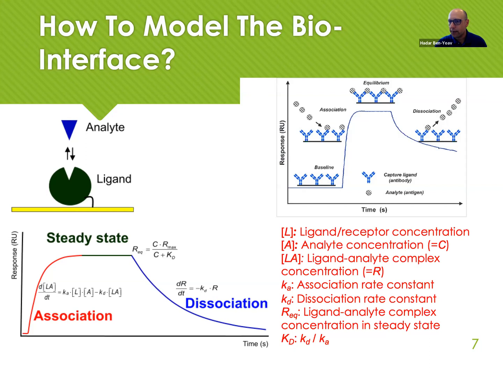Now, after some time, all the antibodies, all the receptors are bound to the analyte. It doesn't matter if we have more analyte, we still don't get more binding, because all the free locations of the receptor are occupied. Therefore the signal stays the same, because the number of receptors bound to the analyte is the same.